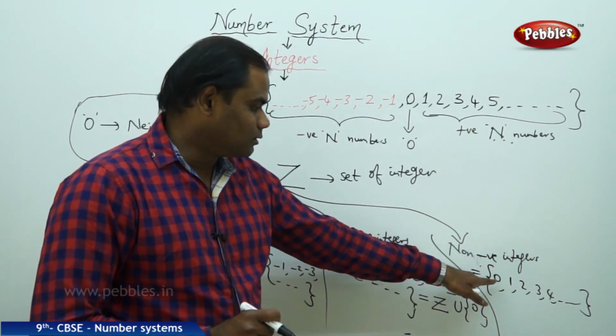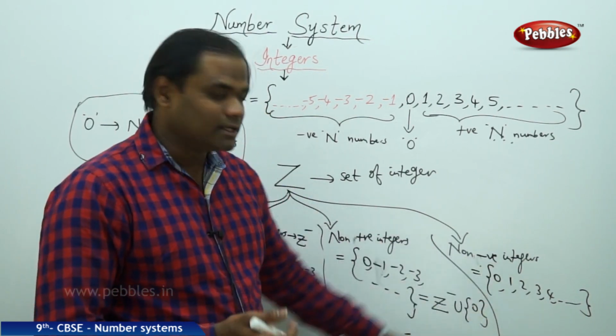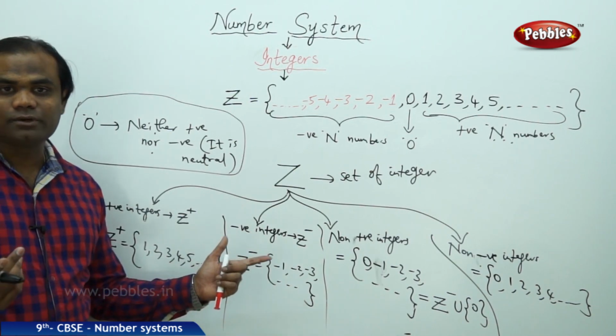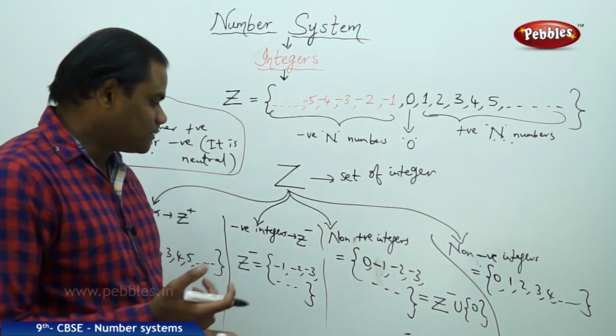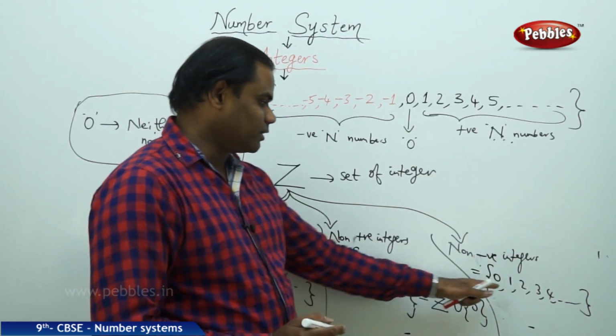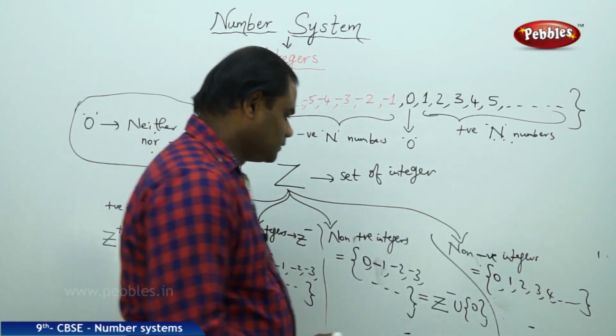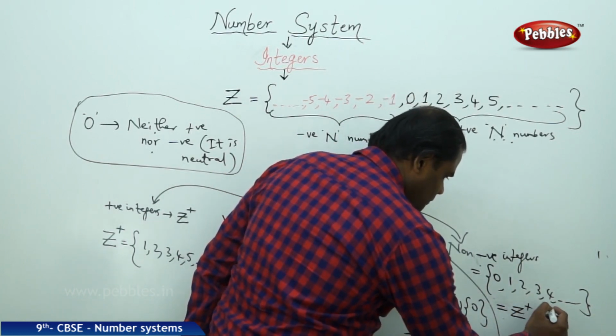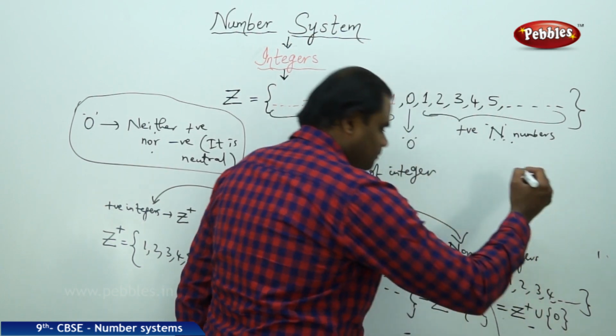So the set of all non-negative integers is the set of all positive integers including 0. Therefore, as we have written for the negative integers including 0, we have this non-negative set to be Z plus union 0.